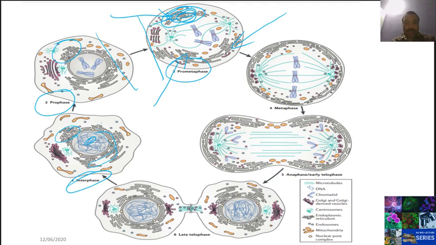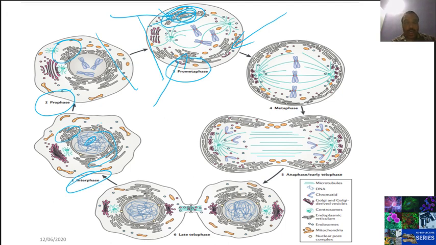In pre-metaphase or late prophase stages, I am repeating the point once again. During prophase, the nuclear pore complex disassembles and the nuclear envelope separates from the nucleus and merges with the endoplasmic reticulum.